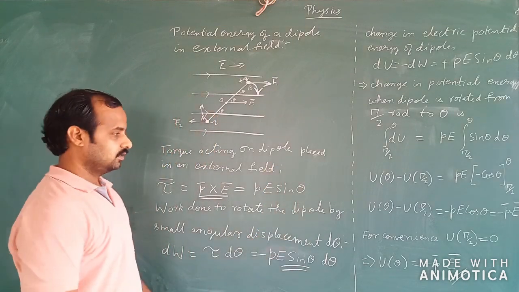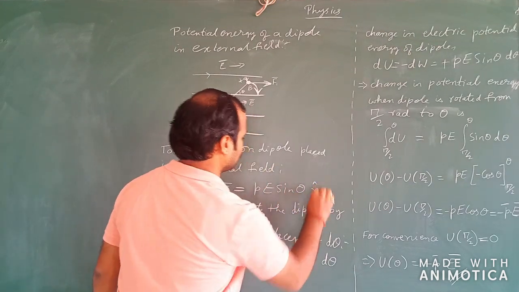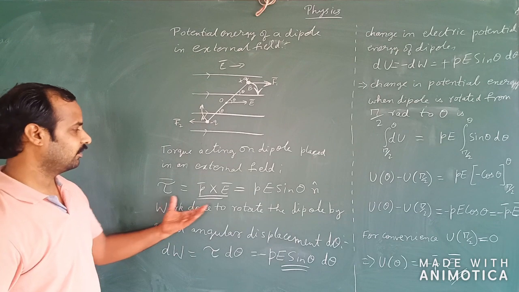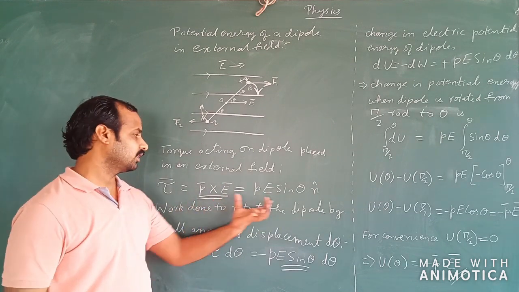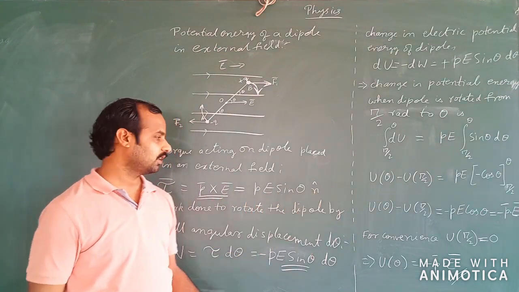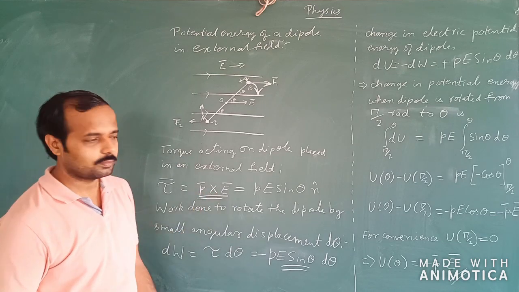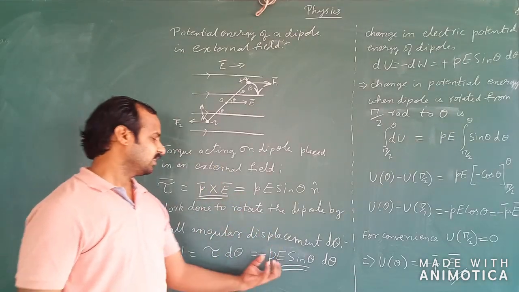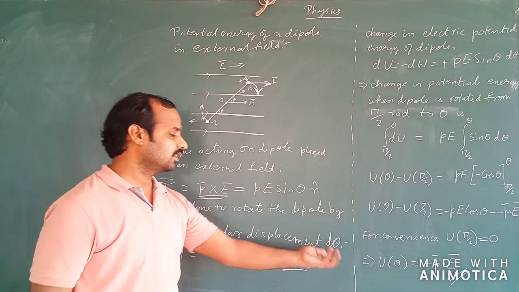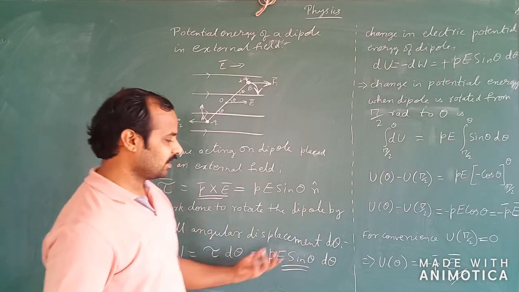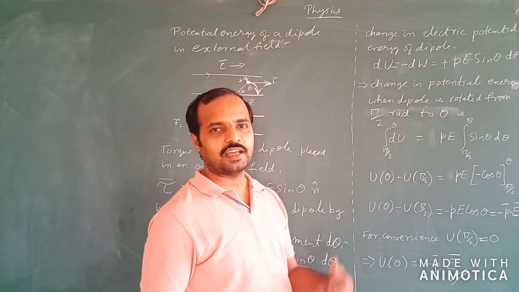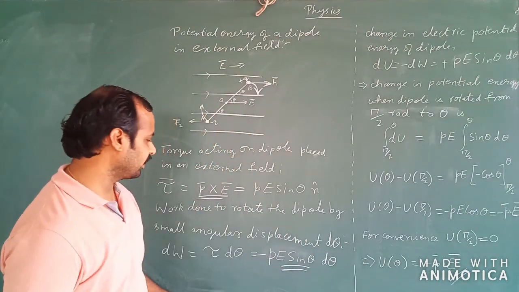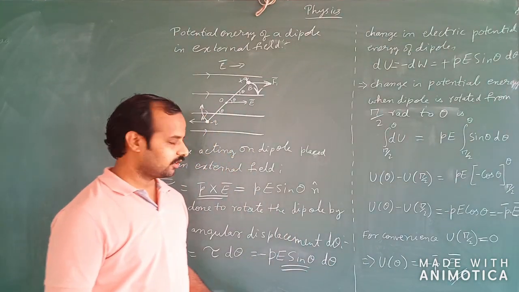In vector notation, the cross product is given as P into E sin theta n cap for P bar cross E bar. The same thing I have substituted for tau here, but since tau and d theta, that is the rotation of the dipole, are in opposite directions, we get a negative sign here.